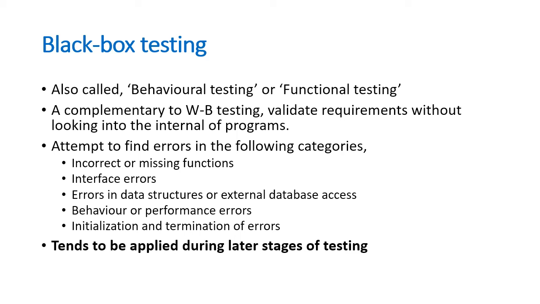The attempt to find errors is in the following categories: incorrect or missing functions, errors in the interface, errors in the data structures or external database access, behavior or performance errors, or initialization and termination errors. This is used at the boundaries for unit testing, but it also tends to be applied during later stages of testing, for example, in integration testing.